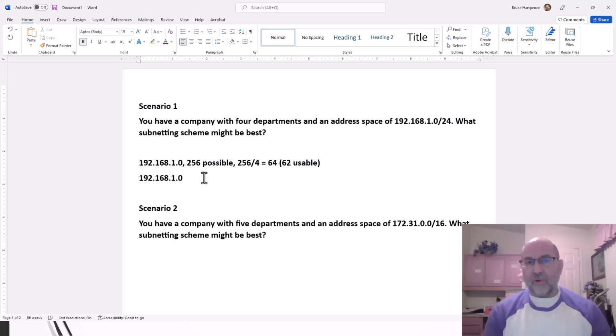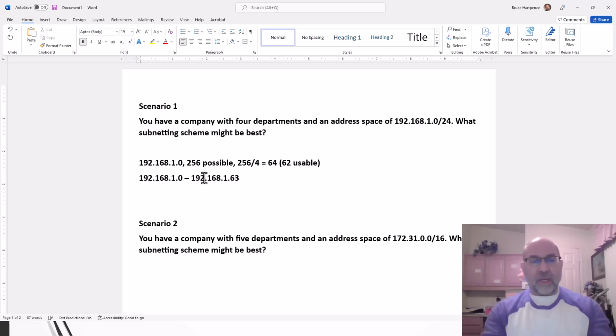If I have 64 possible, and we start counting at 0, the highest possible address in this range is 63. Now if I just keep going, 192.168.1.64 would be the next subnet. If I add 63, that's 64 to 127. So that would be my range there.